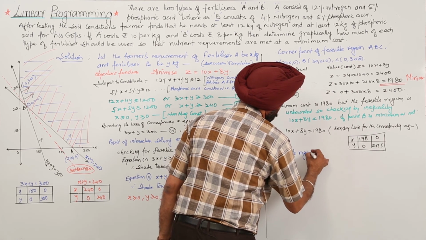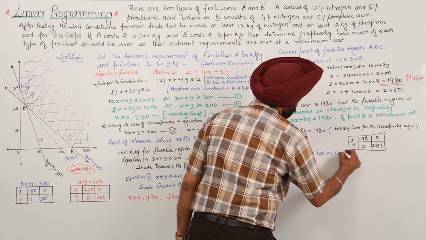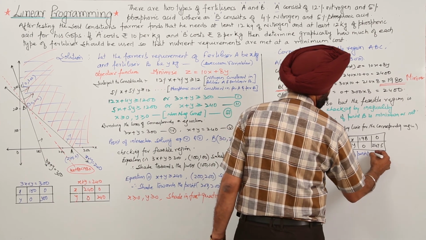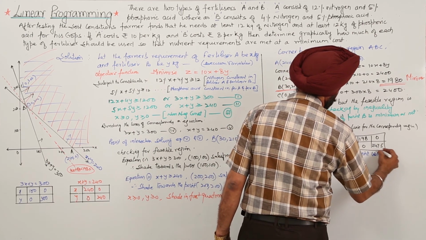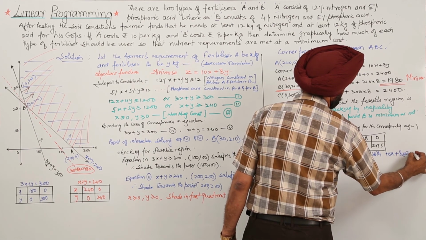feasible region has no common point with 10x plus 8y is less than 1980.